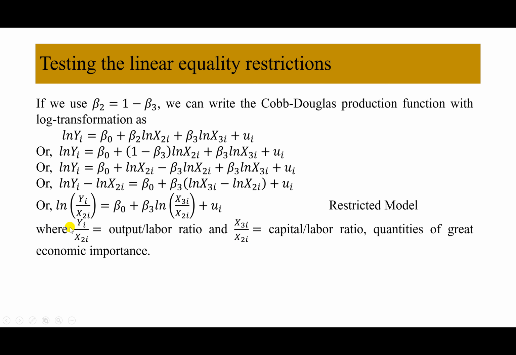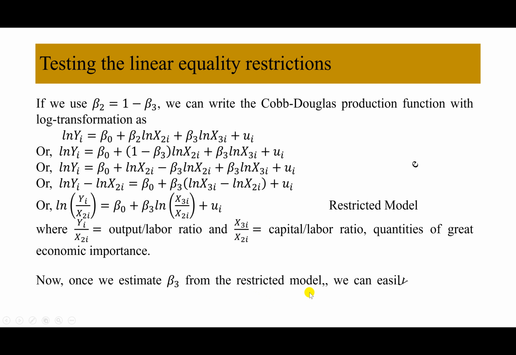So this kind of ratio has some great economic importance. Now, once we estimate beta 3 from the restricted model, we can easily estimate beta 2 from the relationship beta 2 equal to 1 minus beta 3.